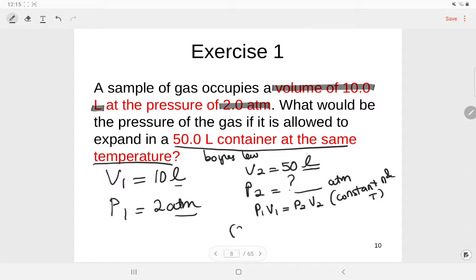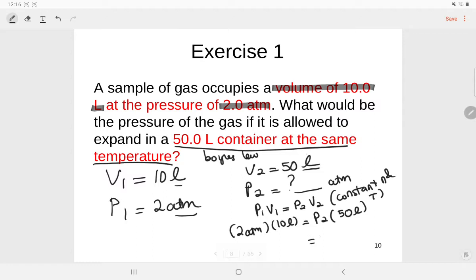So P1 is 2 atm and V1 is 10 liters, and P2 and V2 is 50 liters. I want every one of you to always add units in the substitution process because I want to make sure you don't get a different unit in the final answer.